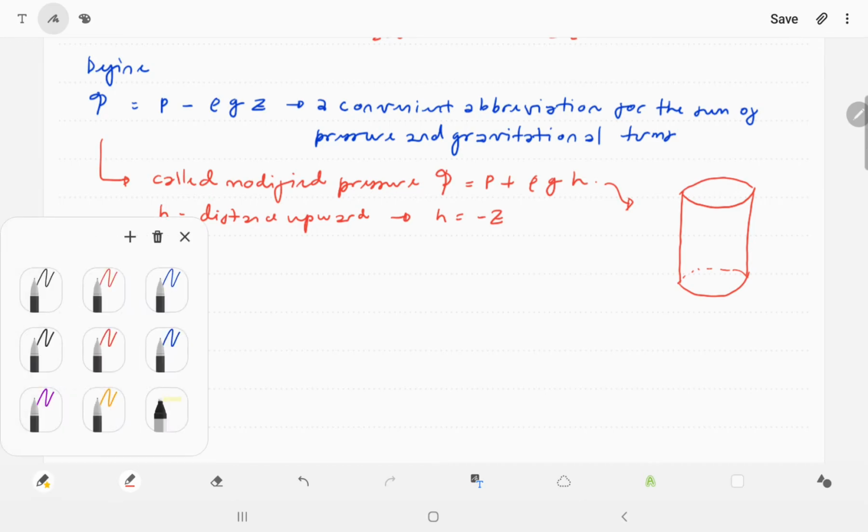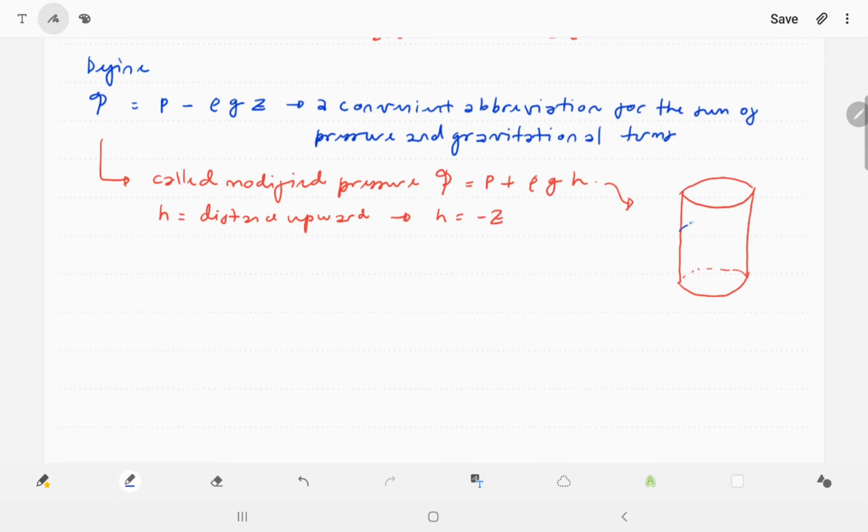Let's say your liquid is filled up to this point. Okay, so this one is your H. Okay, then this will be your H.